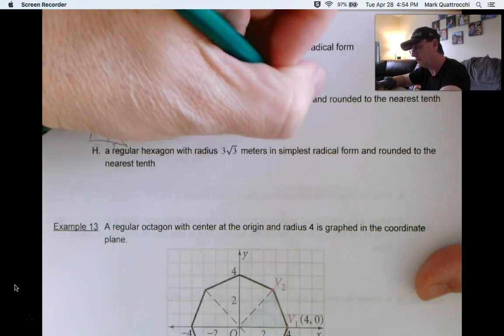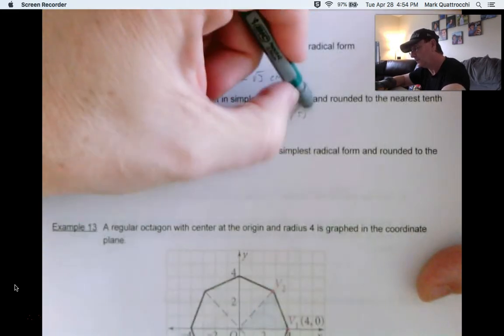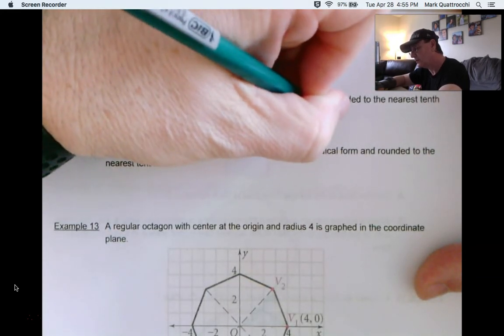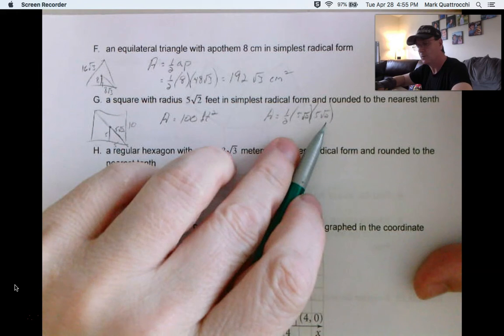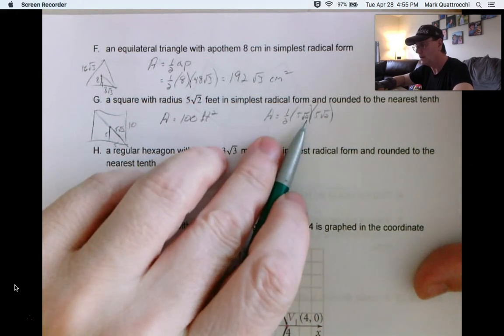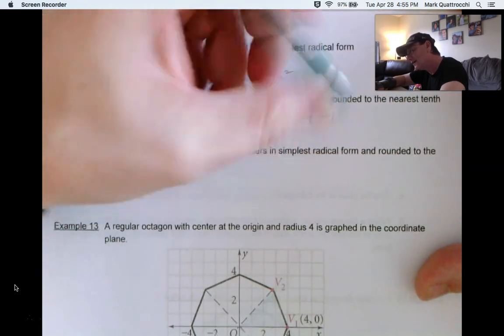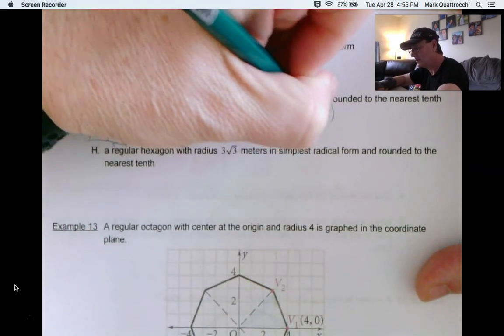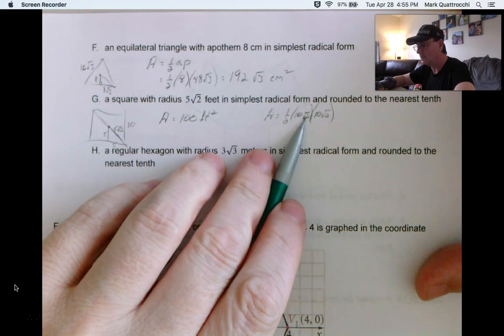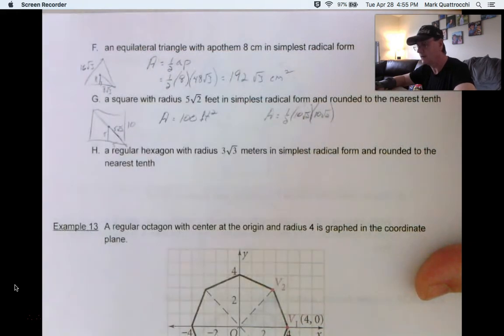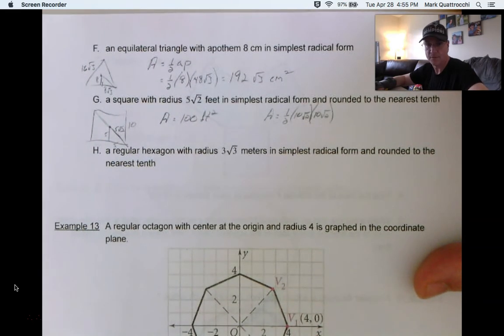I'm sorry, these are tens, not fives. 10 square root 2's. Square root 2 times square root 2 is 2. Half of 2 is 1. 10 times 10, again, gets us that 100 square feet. So at least 3 different ways to solve part G here.